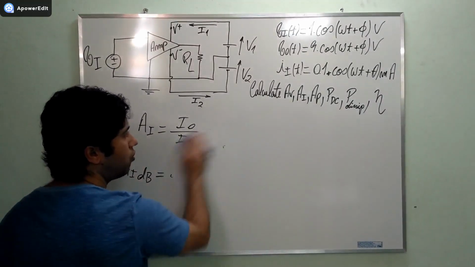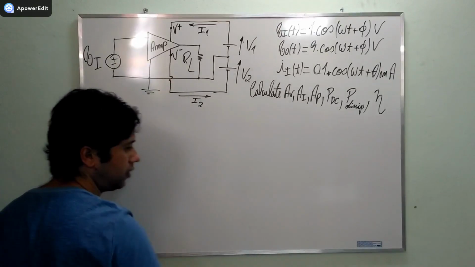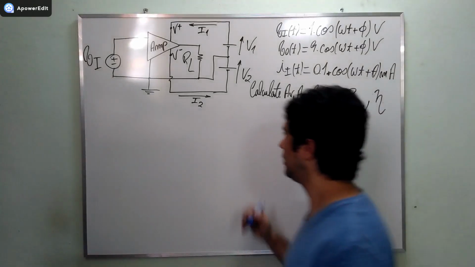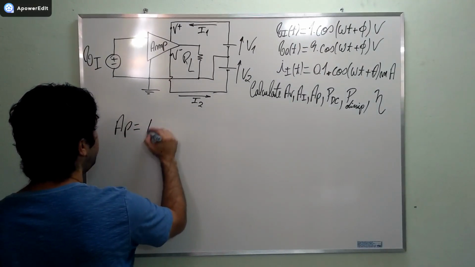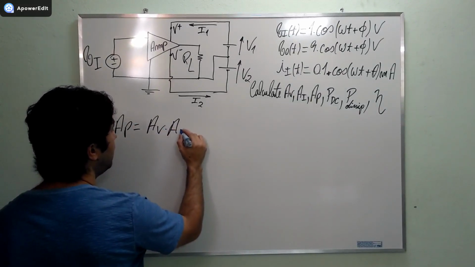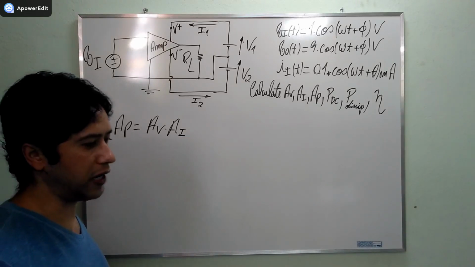We need to calculate the power gain now. The power gain, AP, is simply the product between the voltage gain and the current gain, but we can calculate it in a different way.